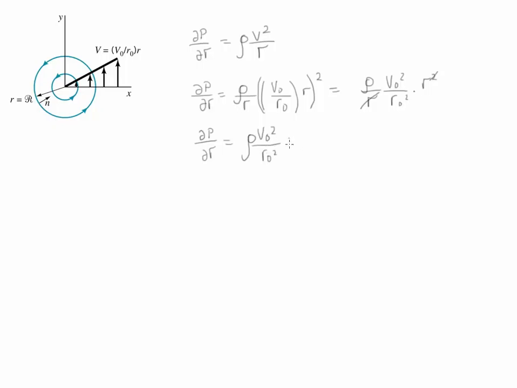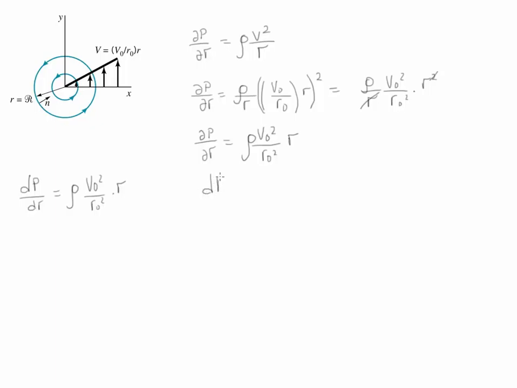over r0 squared times r. Notice that this equation is only a function of r, so we could switch the partial derivatives to total derivatives. If we do separation of variables, once again we bring the dr to the other side so that each variable is in one of the sides of the equal sign.